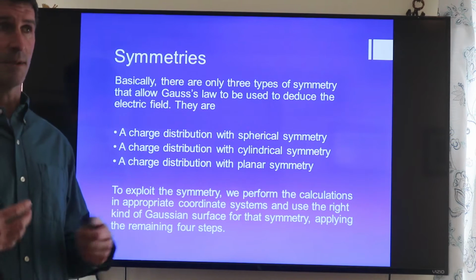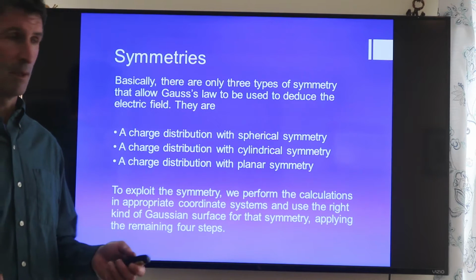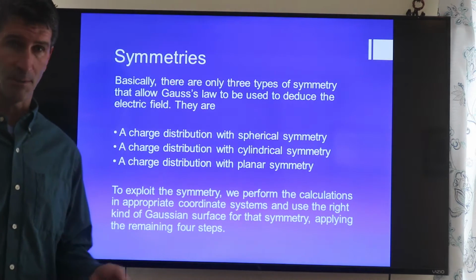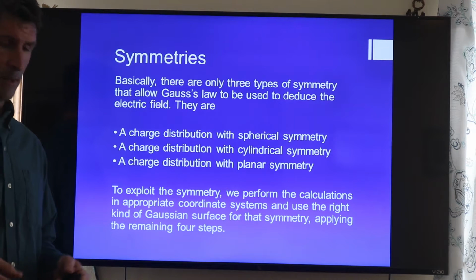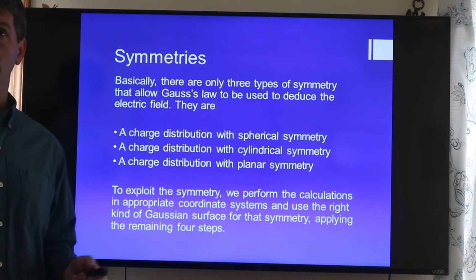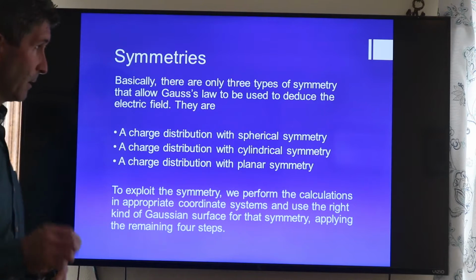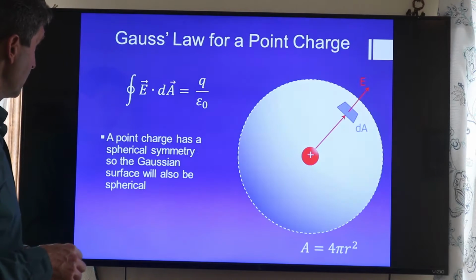It was complicated because we had to use Pythagorean's theorem, and it became the square root of the sum of the squares. Just really a nasty integral to evaluate. Here we'll see that we can wrap a cylinder around a wire and we get the same exact result.